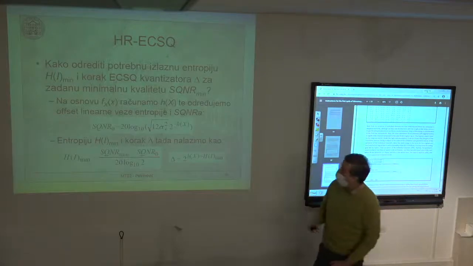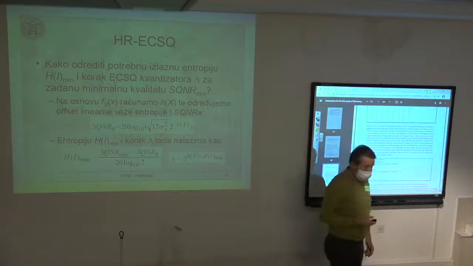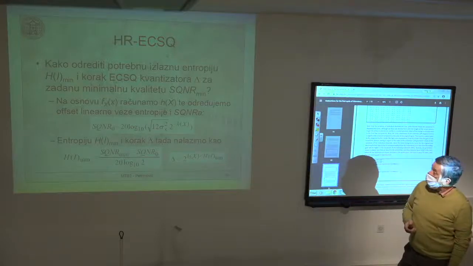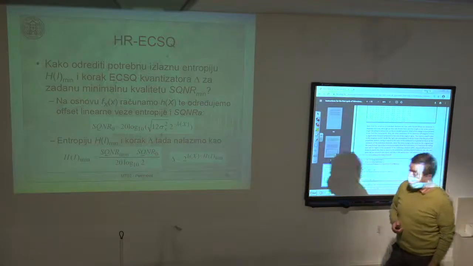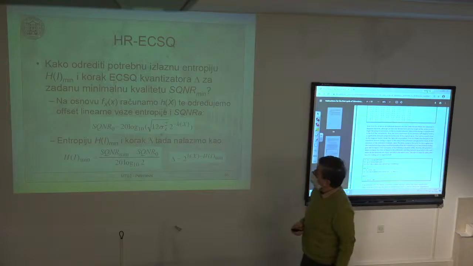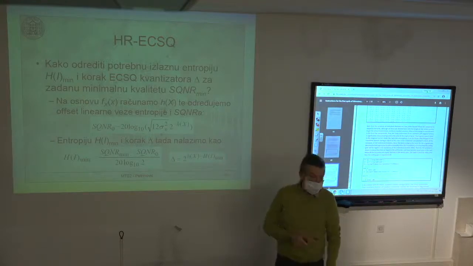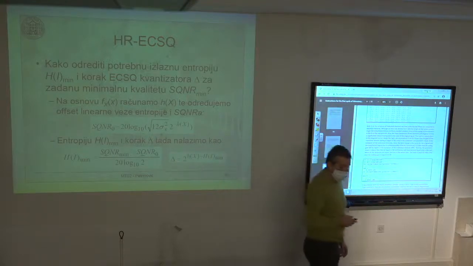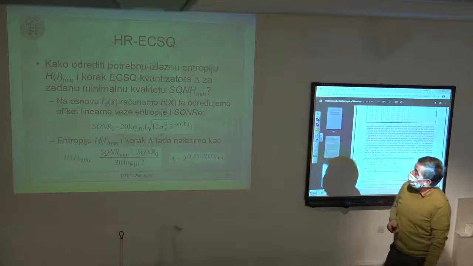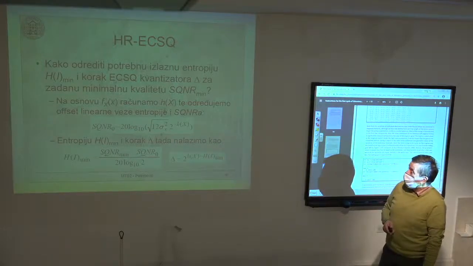The other problem might be, suppose I want to achieve a given quality. So I have a requirement that the quality of the quantization should be SQNR minimum. For example, 40 dB. Somebody requires that the quality must be achieved with 40 dB signal to quantization noise ratio.